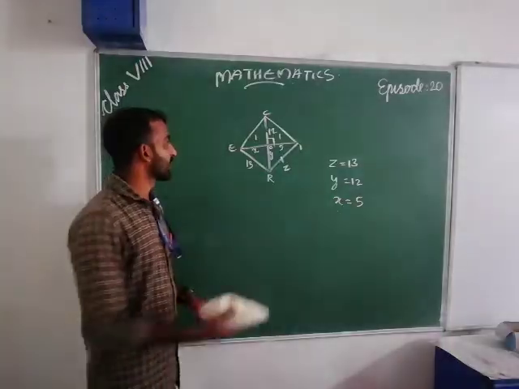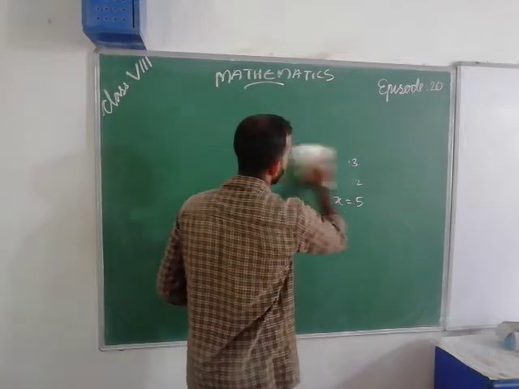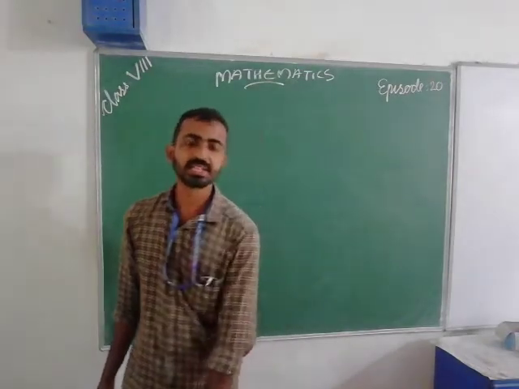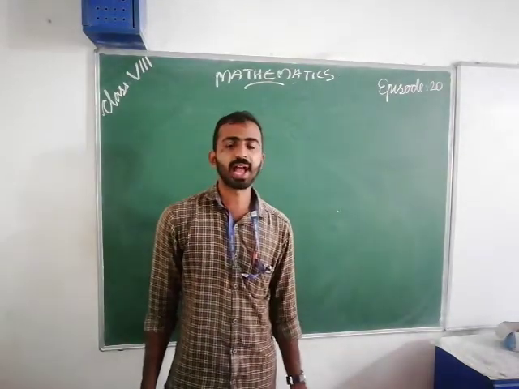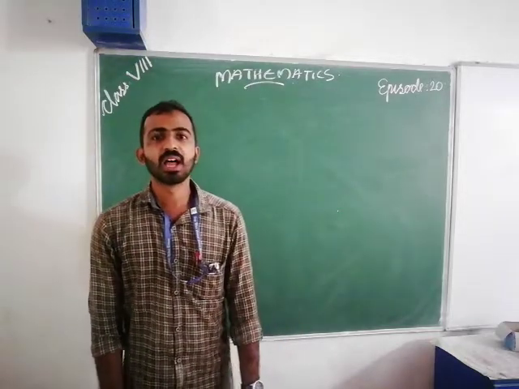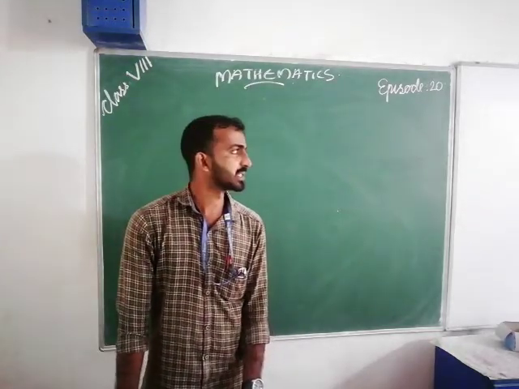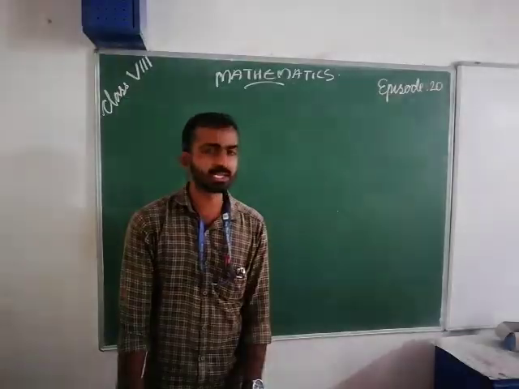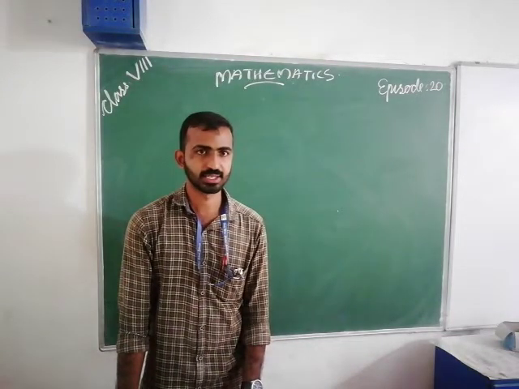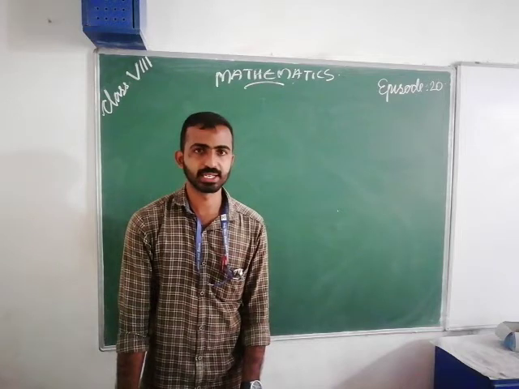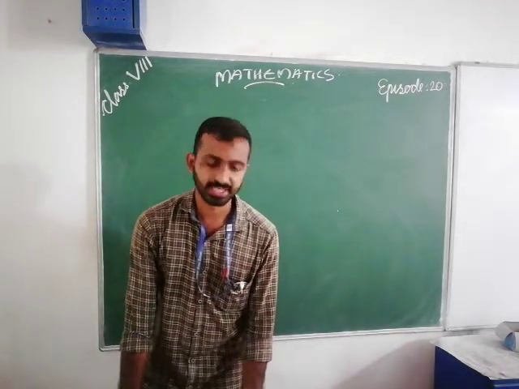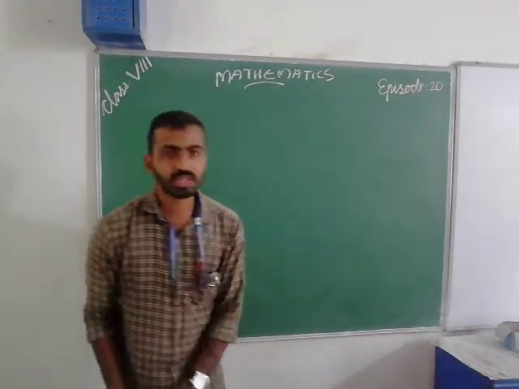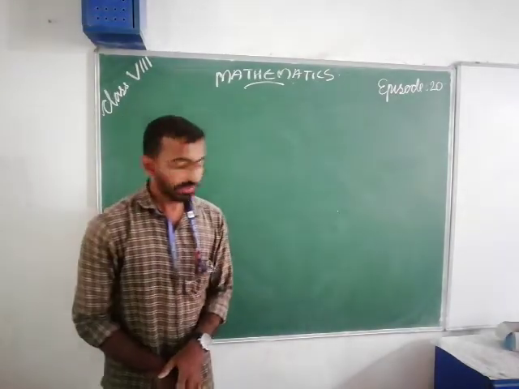Next we are going to discuss the rectangle. What is a rectangle? A rectangle is also a parallelogram, and its property is that its angles are equal, that is, 90 degrees.